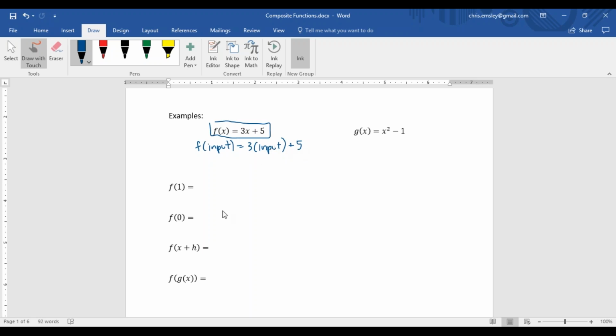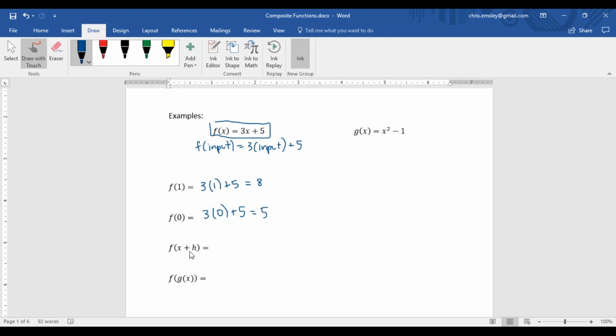So before we do the composite, let's just practice our function notation real quick. Here, f of 1, that means we're going to take 3 times 1 as our input, plus 5. So 3 plus 5, that would be 8. Similarly, f of 0, same idea, 3 times 0 is our input, plus 5, which is just equal to 5.